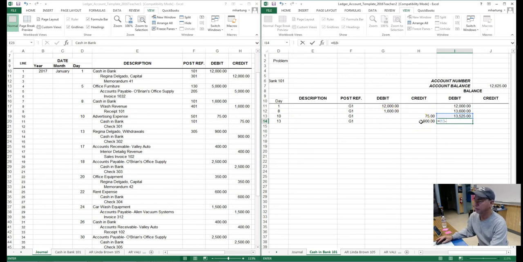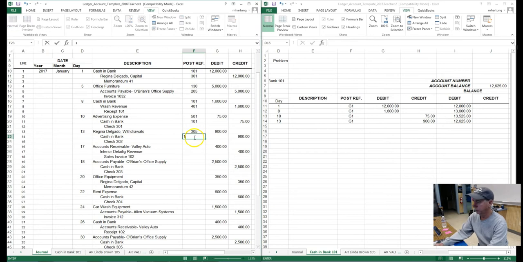And once again, it's a credit, so we're going to subtract from the previous balance. And so at the end of the day, on the 13th of January 2017, we have $12,625 as a balance in our cash account. Well, let's keep going. And don't forget to put that 101 there.